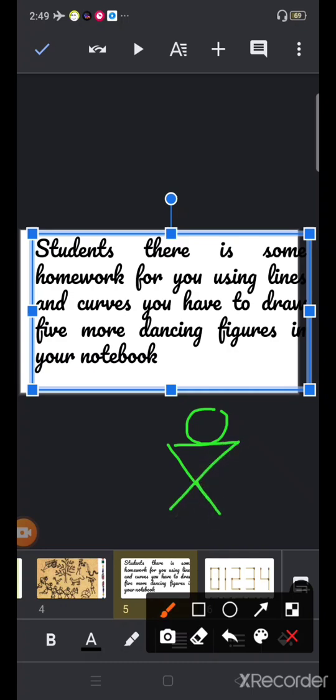Okay, then you will draw one more sleeping line, and for the hand you can make a curve line, and for the legs you will use 2 slanting lines. Okay, like this you can make dancing figures.